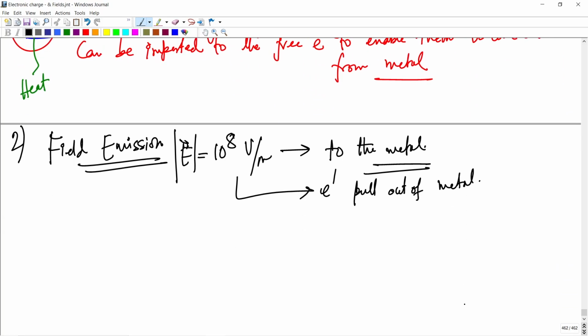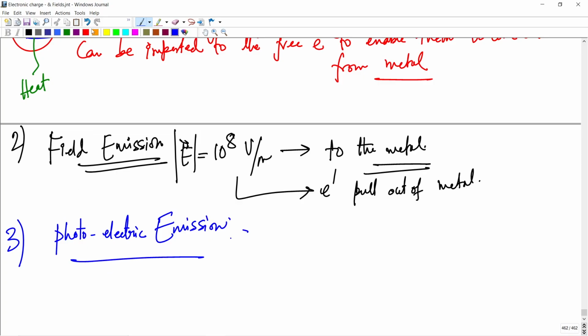And number 3 is UV ray, called photoelectric emission. So what is photoelectric emission? Photo means light.